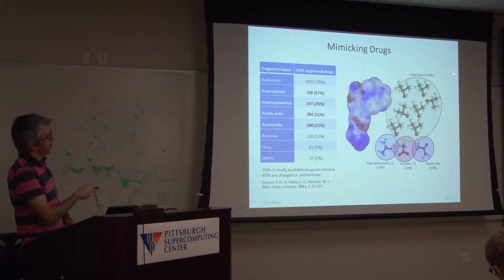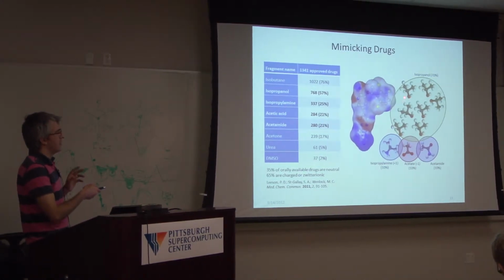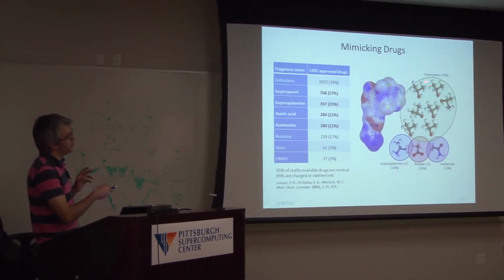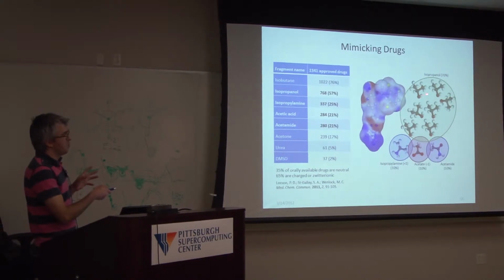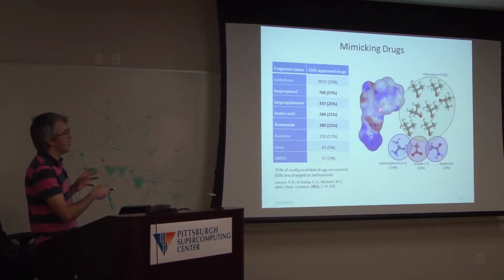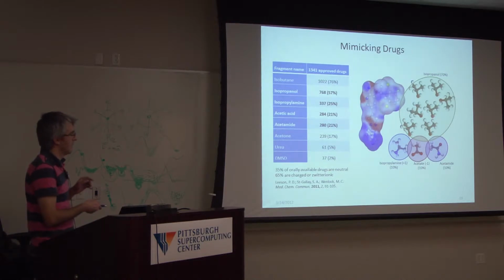a drug molecule. In this composition, it doesn't matter how many probe molecules we put in the system, but always 70% of the probe molecules were isopropanols. These isopropanols mostly mimic the hydrophobic part of the drug molecule. Then we had 10% isopropylamine and acetate to mimic charge interactions, and acetamide to mimic polar interactions.